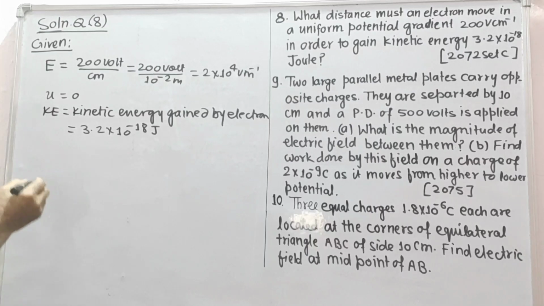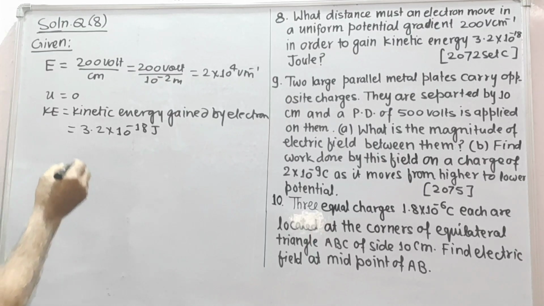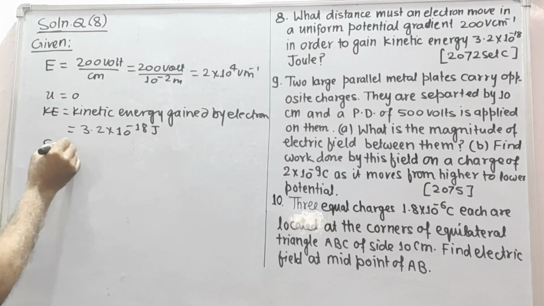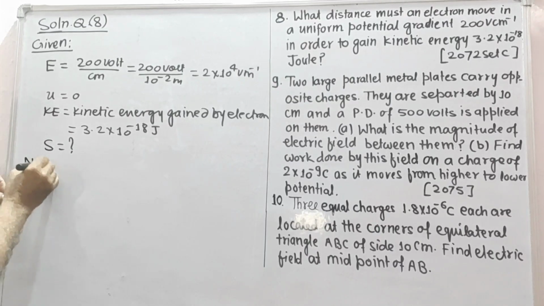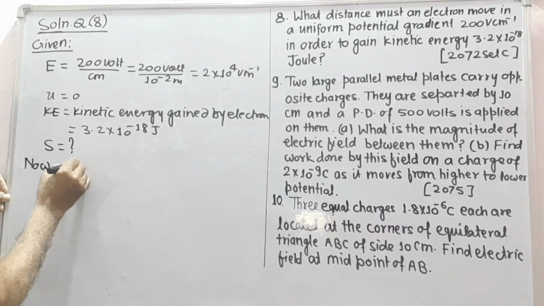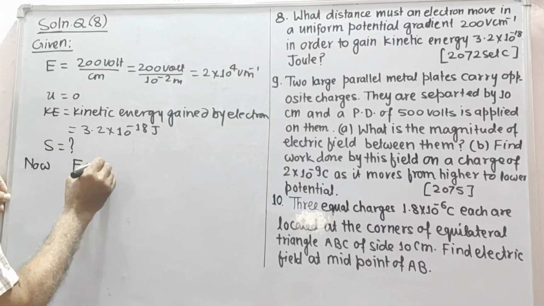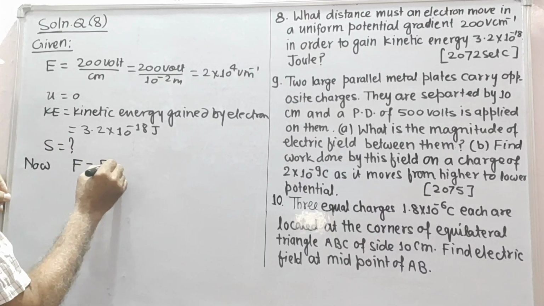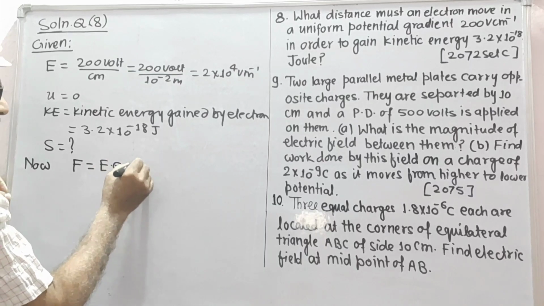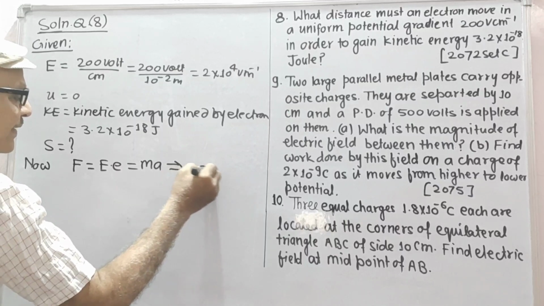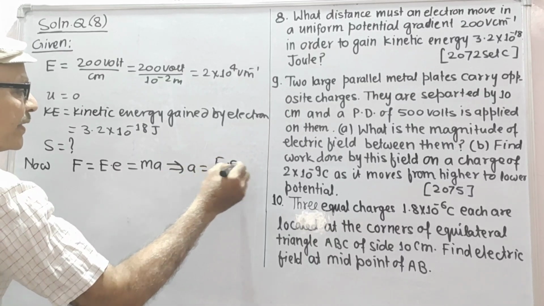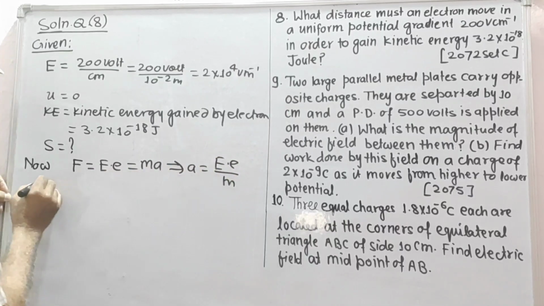We have to find the distance moved by electron. Now, force on electron in the electric field is F is equal to eE, which is also ma, which gives a as eE upon m.